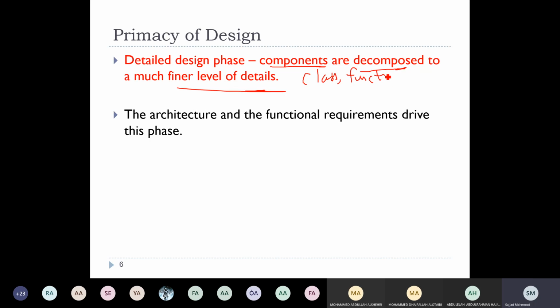Now, are you able to visualize this with me? Yes. There was a question maybe in the beginning of the lecture, and we said, what's a design, right?